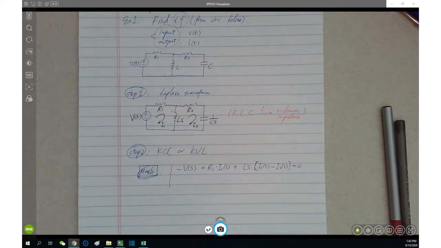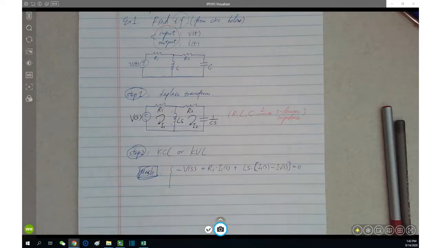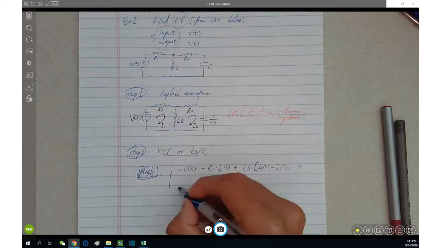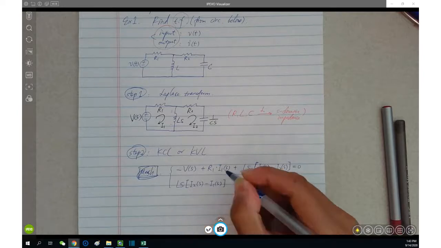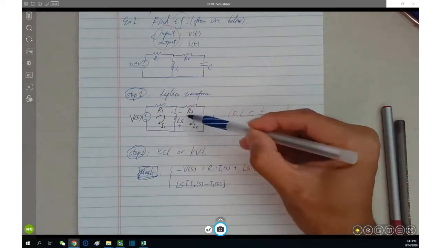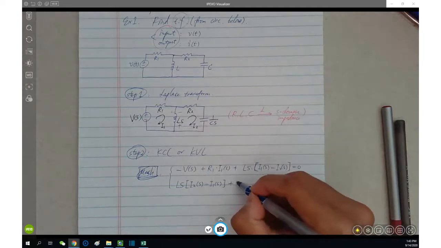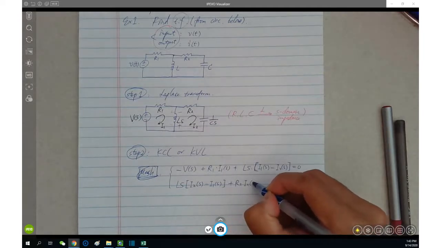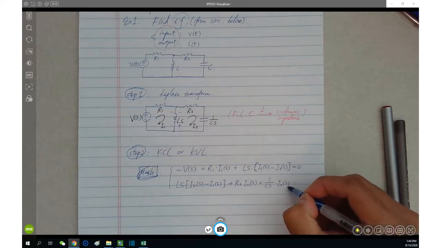This is mesh 1. For mesh 2, similarly, we have 3 voltages involved. LS times (I2 minus I1) this time is the voltage with this polarity inside this mesh, following the clockwise rotation direction, plus R2 times I2 of S plus 1 over CS times I2 of S as well, and the total is 0 again.